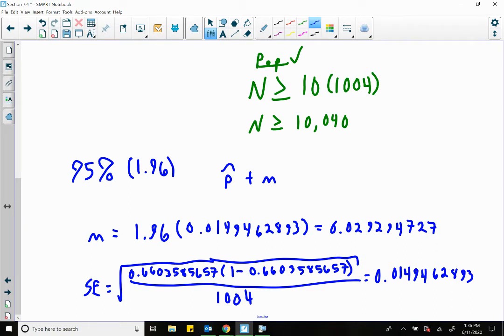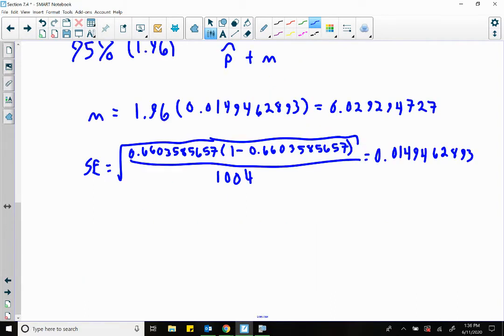So all we're going to do then is take our p hat, which is 0.66035.85657, and we are going to add or subtract 0.029294727 to it. Okay? So using my calculator, we want to add that number.